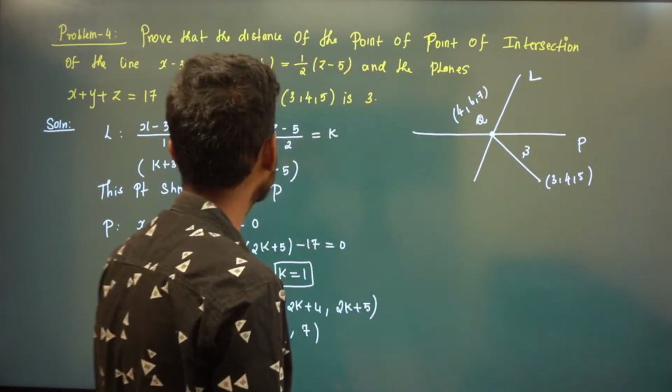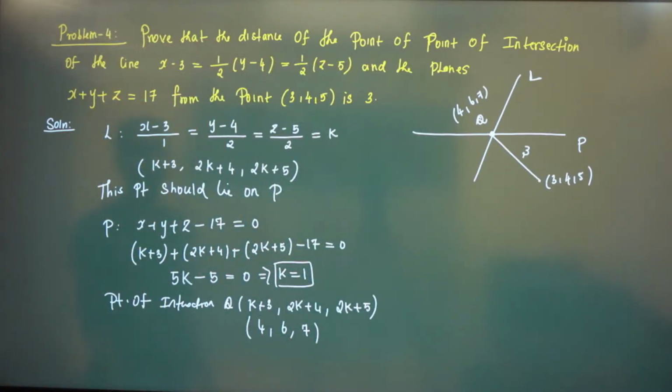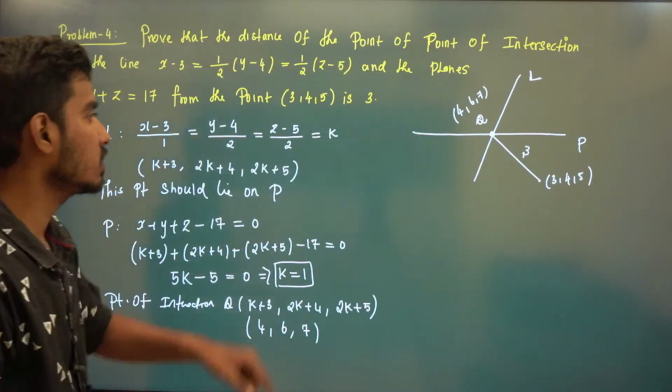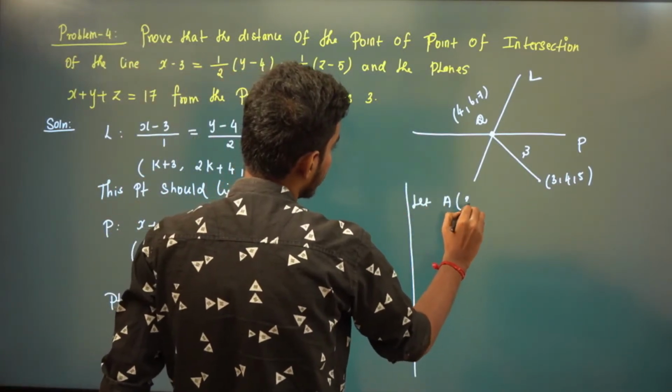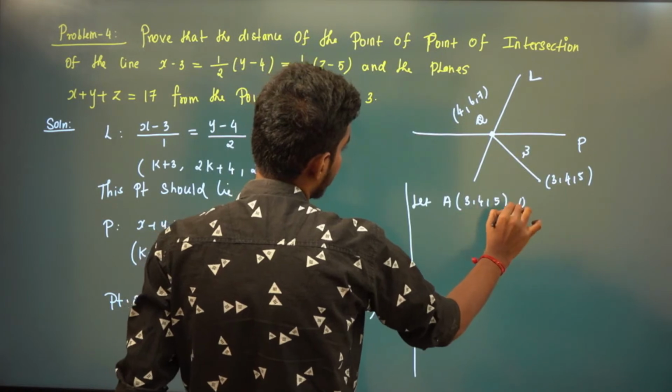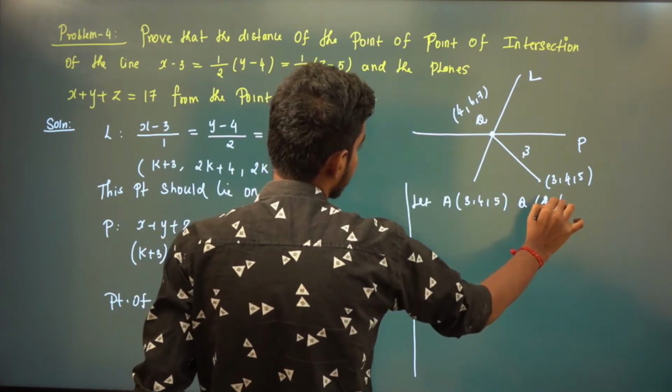Now you need to show the distance of the point of intersection from the point 3, 4, 5. Let us call A the point 3, 4, 5 and Q the point of intersection.